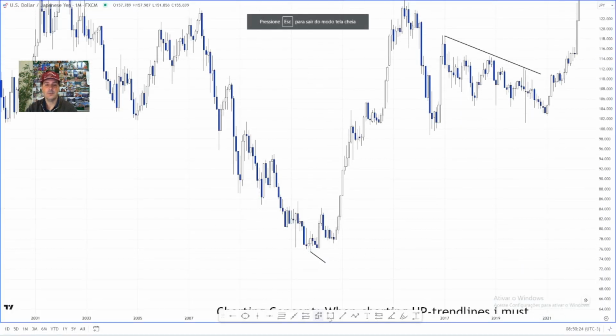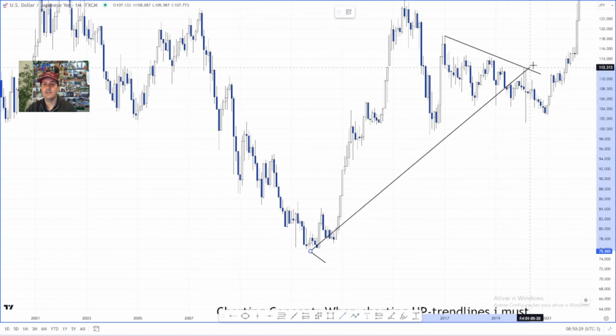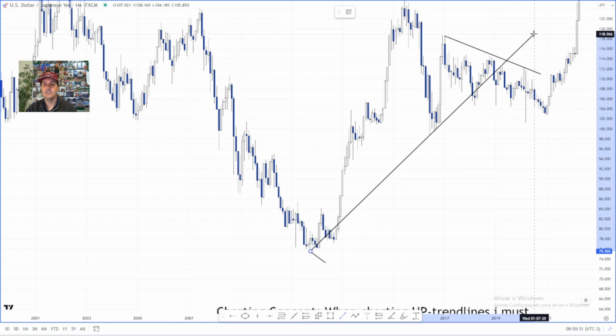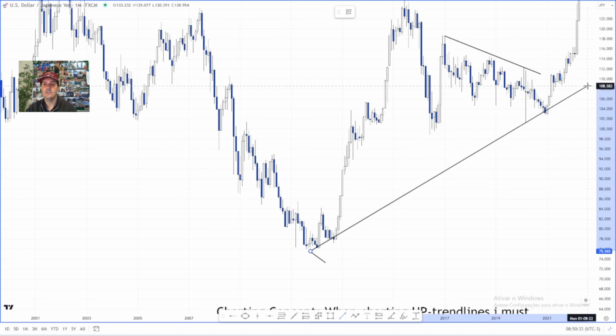So if I take a trend line from this low and I do something like this, would this be correct based on the rules? Or am I breaking any rules? What's the answer?